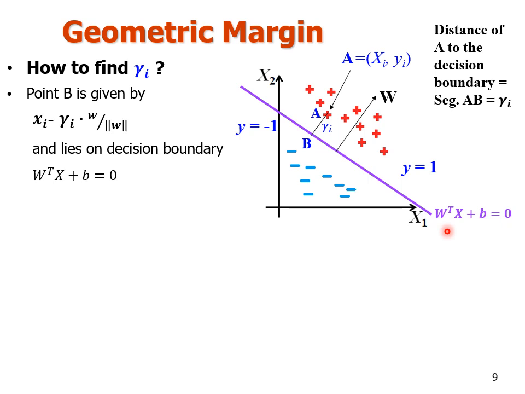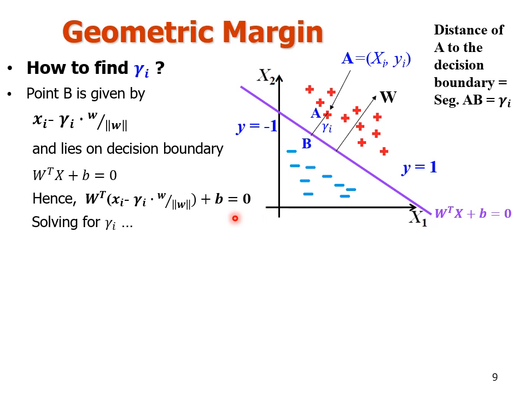Now by substituting point B in place of vector x, we can write W transpose into (xi minus gamma i W divided by norm of W) plus B is equal to 0.